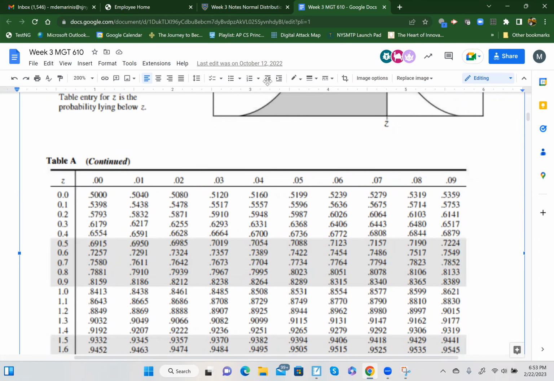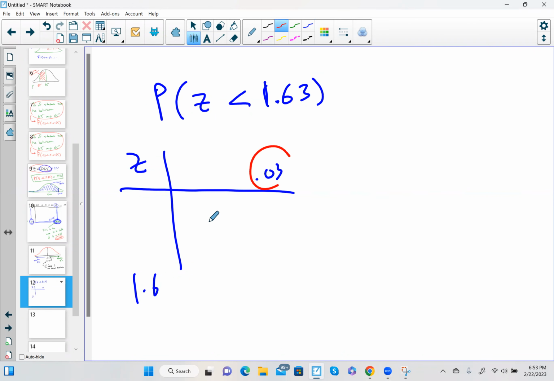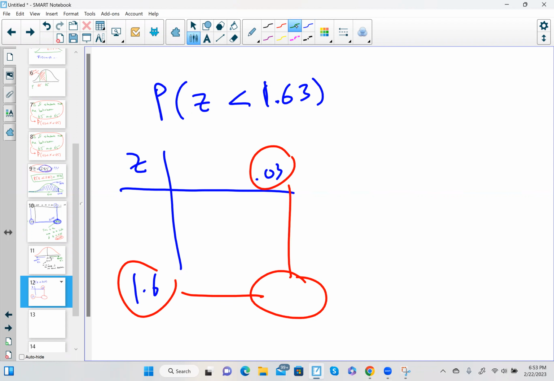So in the chart, this is Z. I look for 1.6, the 0.03 on top, go across, down, circle a number. I'm getting 0.9484.